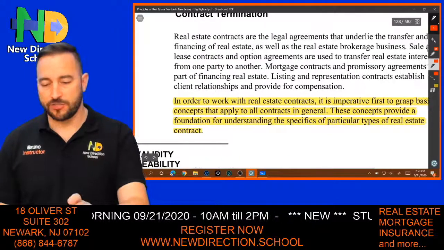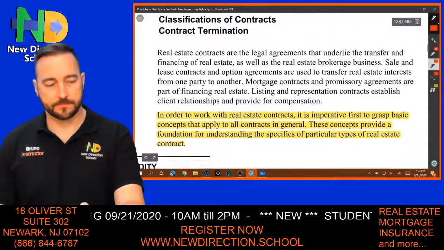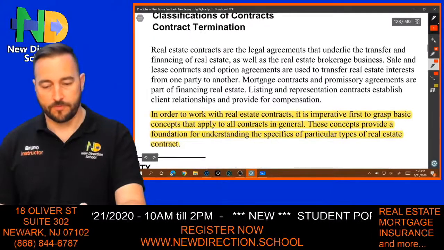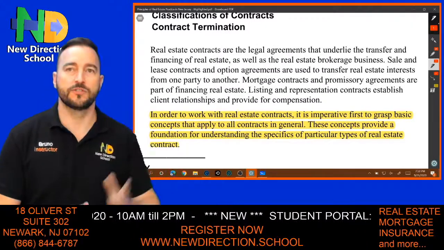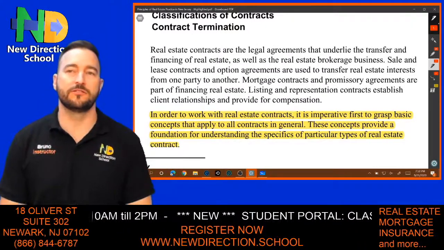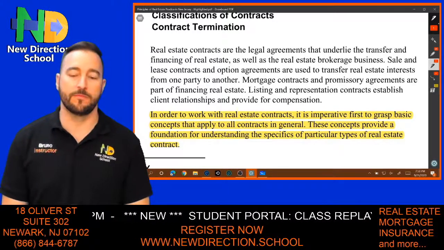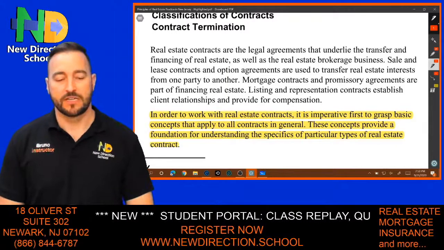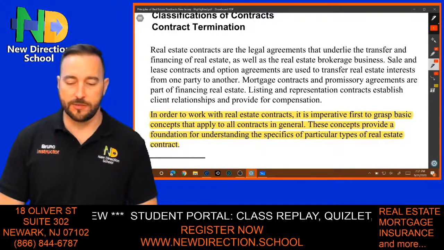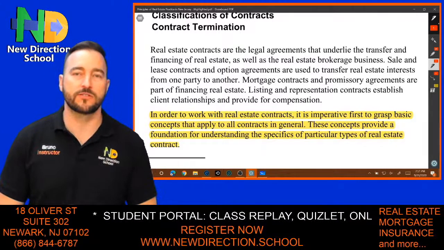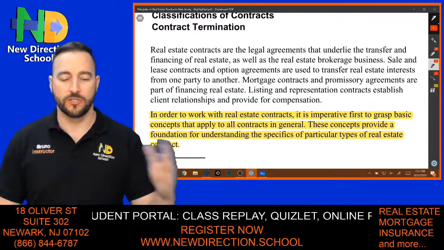So real estate contracts are legal agreements that underlie the transfer and financing of real estate, as well as the real estate brokerage business. Sale and lease contracts and option agreements are used to transfer real estate interests from one party to another.